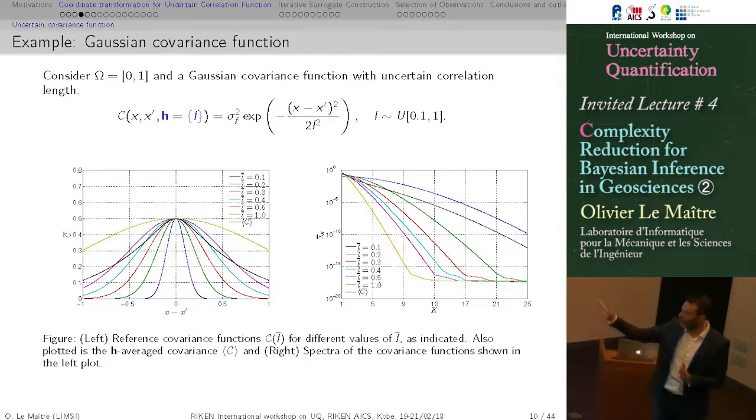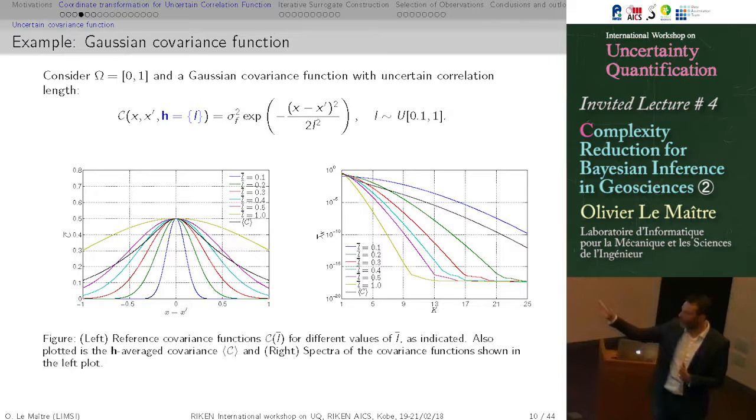And you have also in black another covariance which corresponds to the average of all the others with respect to h. So this is the average covariance for all values of the correlation length. The correlation length here is assumed to be uniformly distributed between 0.1 and 1.